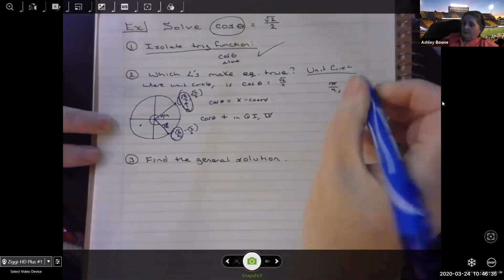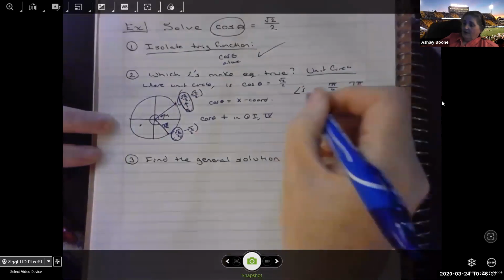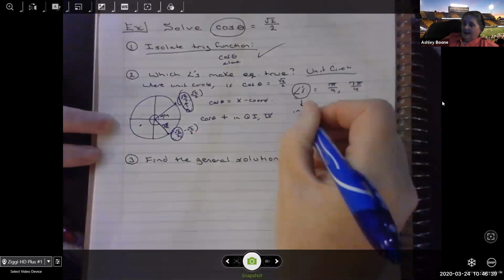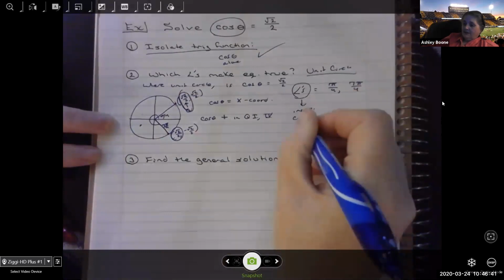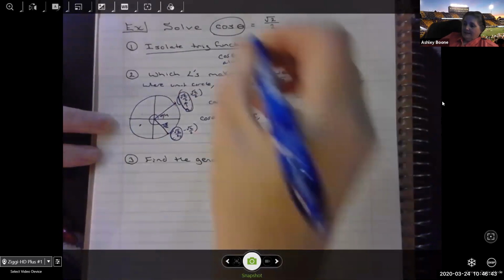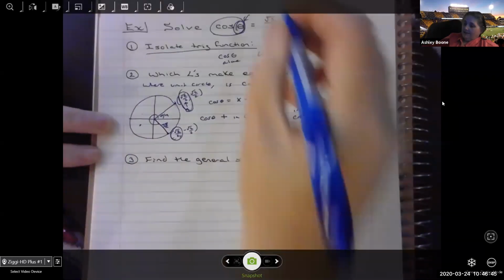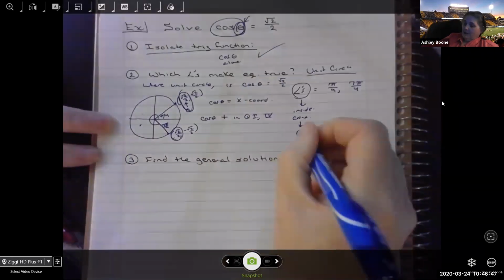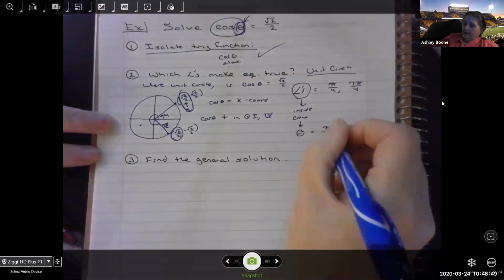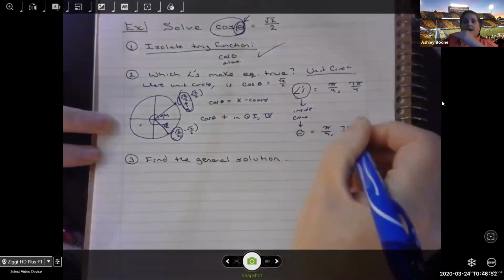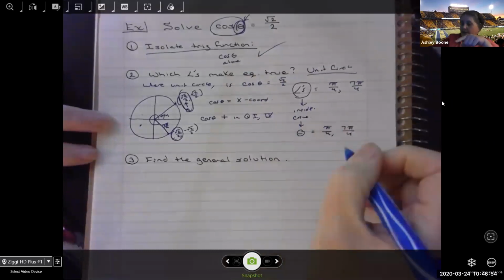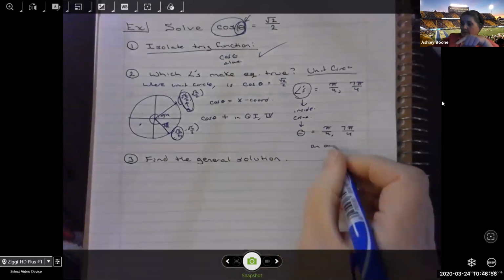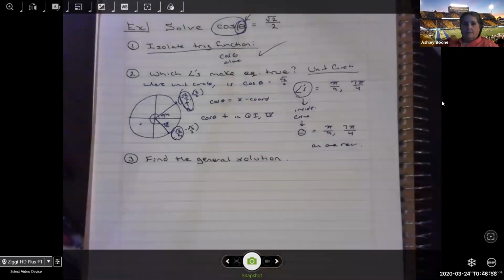Now, the angle is the part that is inside your cosine function. That's the theta. Theta is equal to pi over 4 and 7 pi over 4. Now, that's on one revolution of the unit circle, okay?